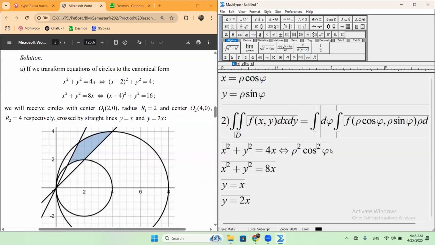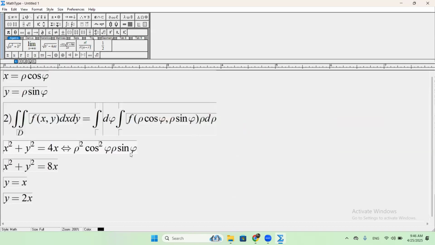So the first equation: rho squared cosine squared of phi plus rho squared sine squared of phi equals 4 rho cosine of phi.